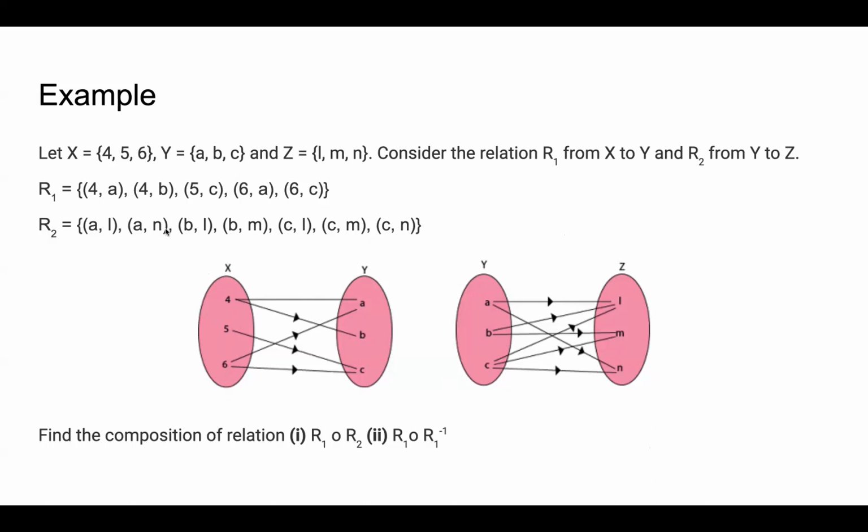For the very first stage, we have to define the relations from x to z. So whichever relation is there from x to y will be carried on to y to z, and therefore we will get the answer. Okay. Then firstly we have to calculate R1 composite R2 and R1 composite R1 inverse.